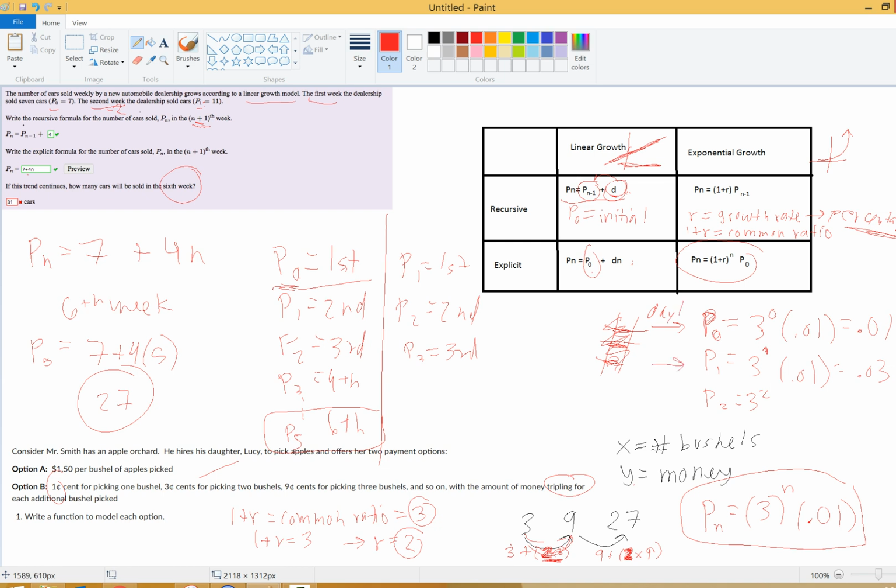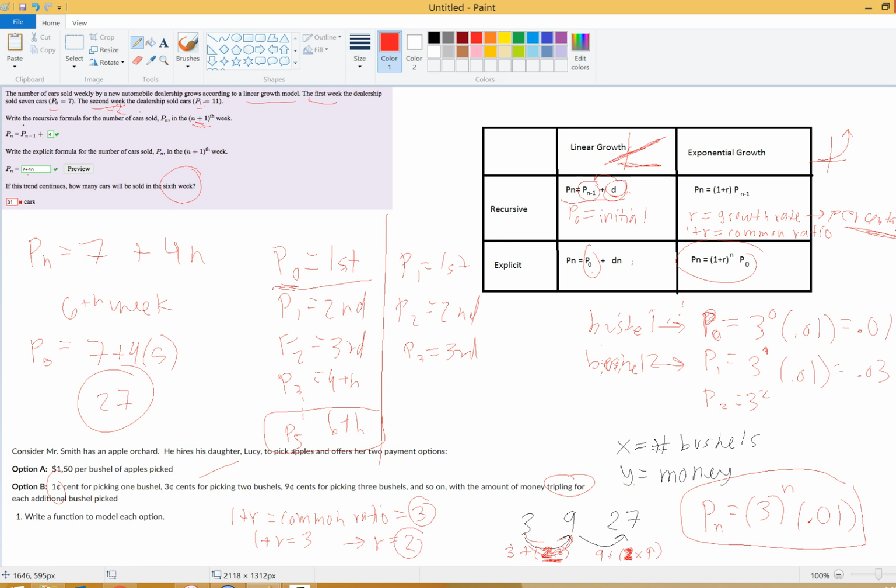And so P sub 2 would, well, I guess we're not in days, are we? This means 1 bushel. I should erase here. We were not working in days, we were working in bushels, so bushel 1, bushel 2. So you can see it's a little bit off again, just kind of like the last one was.